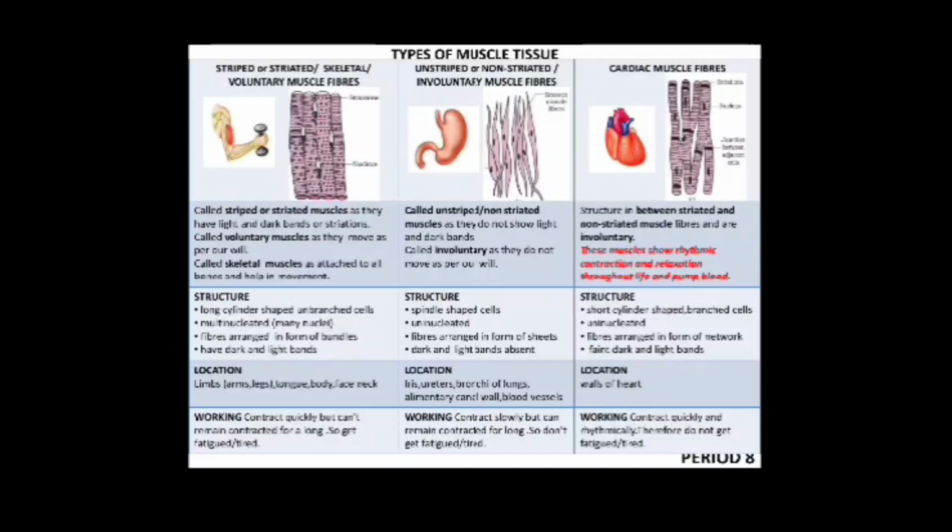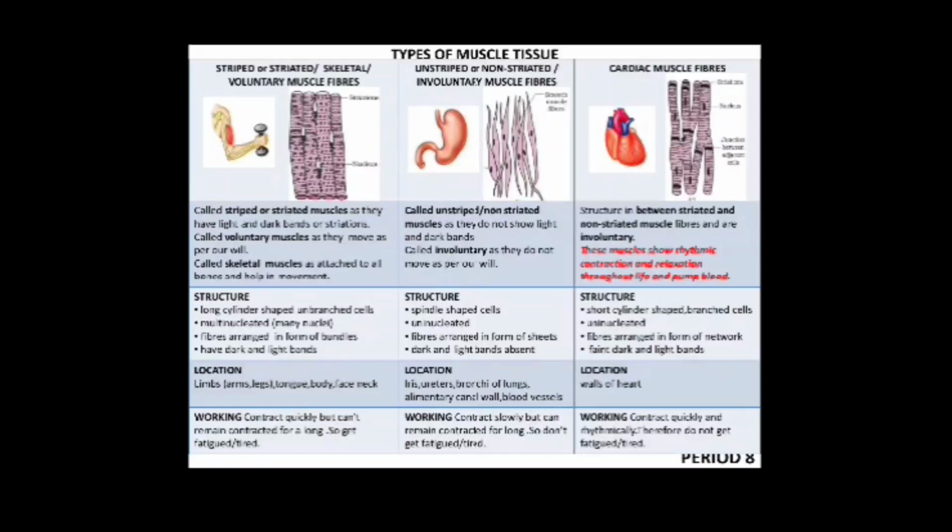Then there come cardiac muscle fibers. As the name suggests, you can better know where they are found. The structure is in between the striated and the non-striated muscle fibers, and they are involuntary. These muscles show rhythmic contraction and relaxation throughout life, and they pump blood as they are present in the heart.